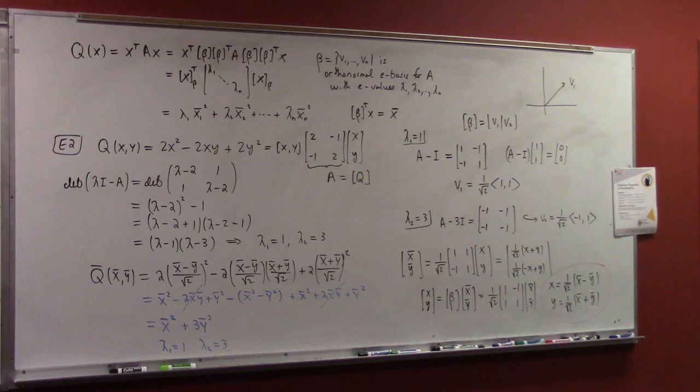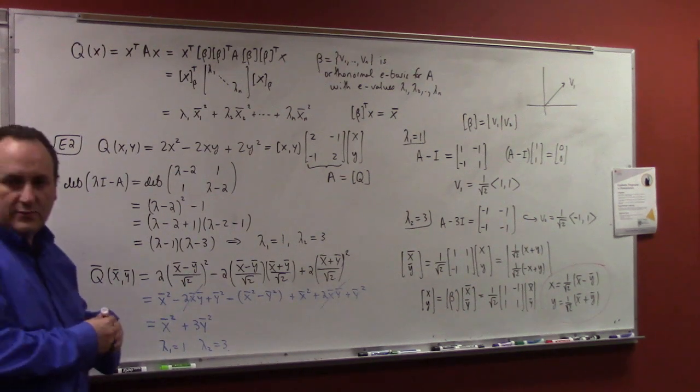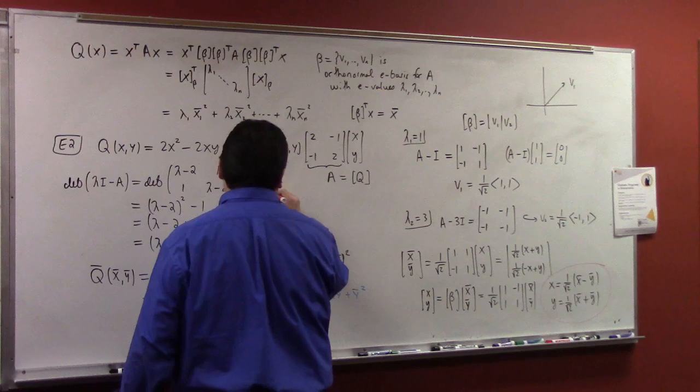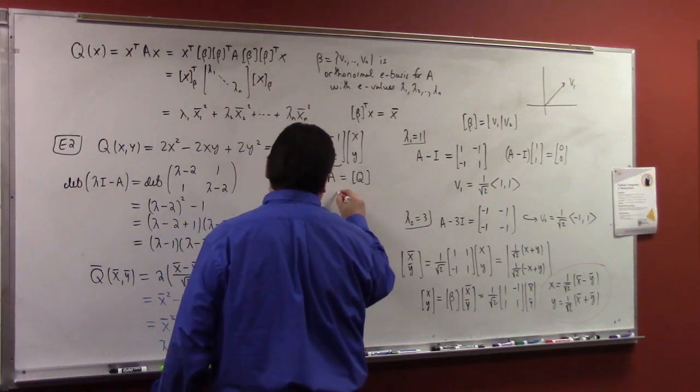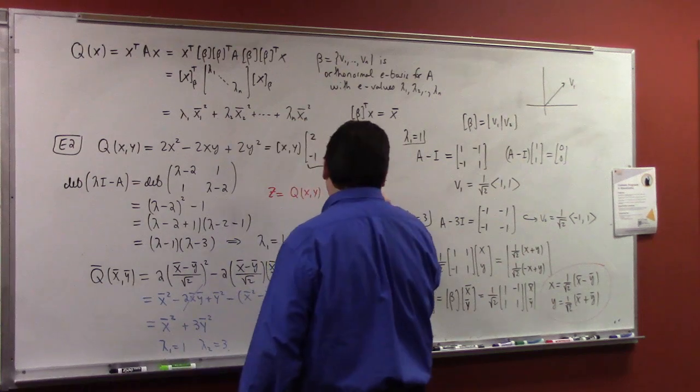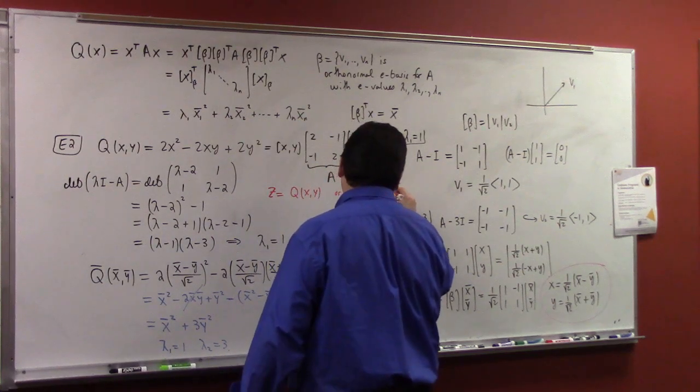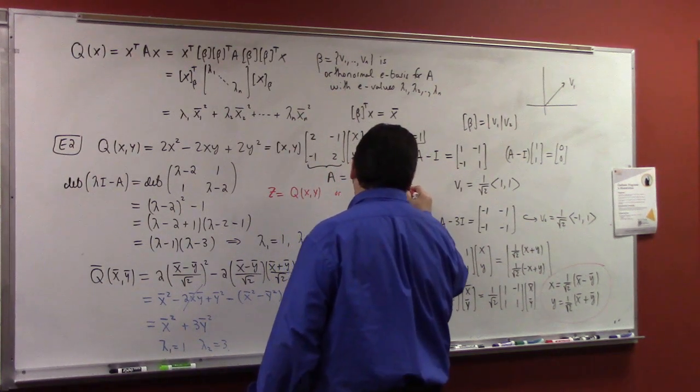One obvious thing I should do with this example is say, okay, so what if you've got z equals q of xy? Can you tell me what that is? Or how about q of xy equals a constant? Can you tell me what that is?